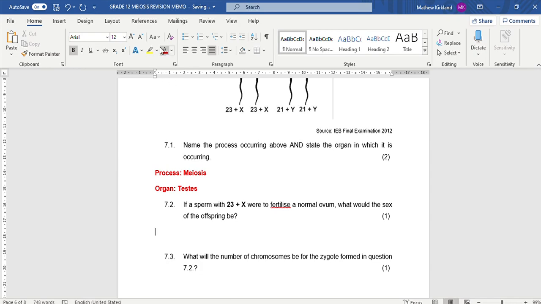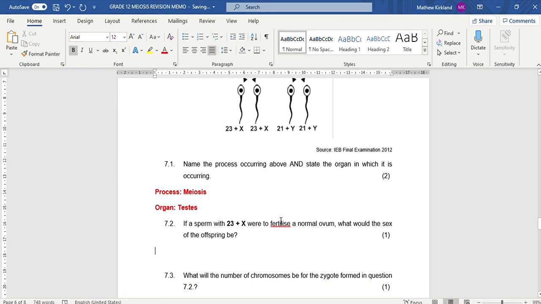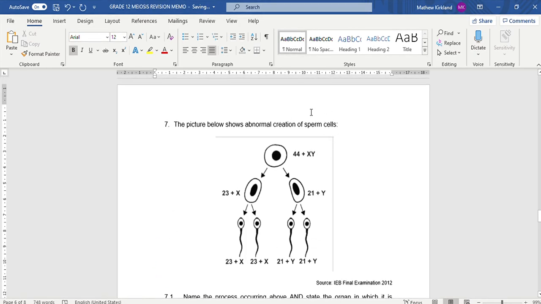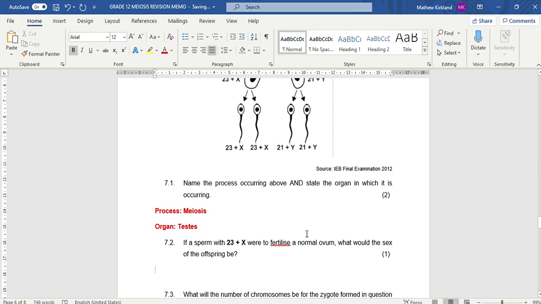Then, if a sperm with 23 plus X were to fertilize a normal ovum, what would the sex of the offspring be? Remember, when we're talking X and Y, I am referring to the sex chromosomes. This has come from a man, that's why there's X and Y. The egg of the female, what are the potential gonosomes that the female can have?